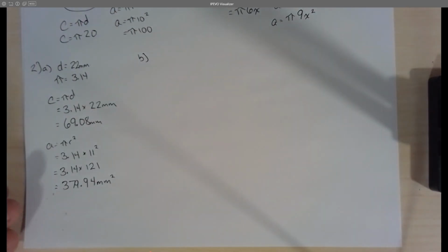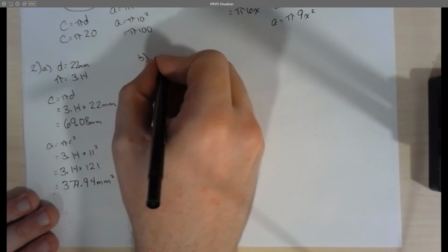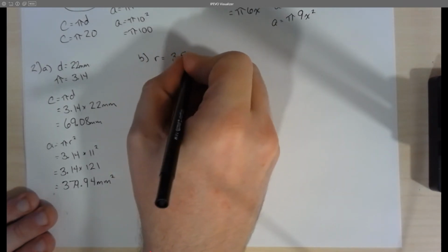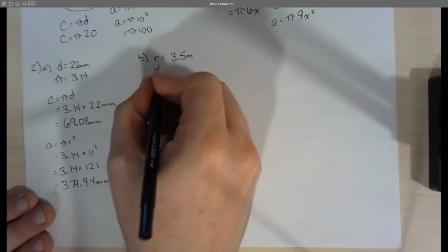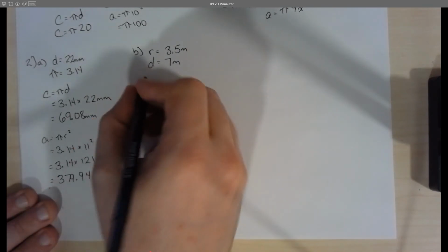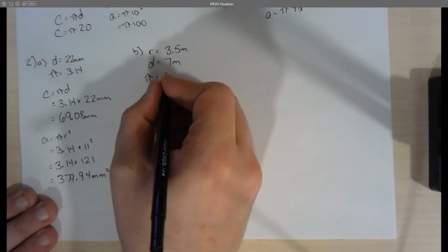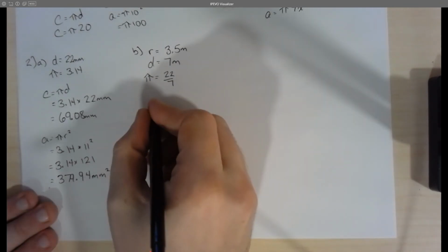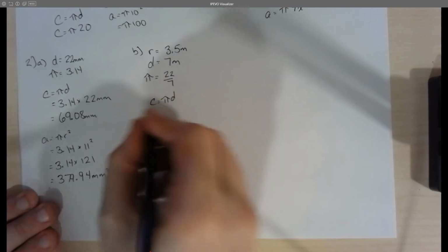2B, we are given a radius of 3.5 meters. If the radius is 3.5, then diameter is double that, 7 meters. It doesn't give us that, but I'm just putting that in for my own sake. This one asks us to use pi as its fraction, 22 over 7. So circumference equals, again, pi d.